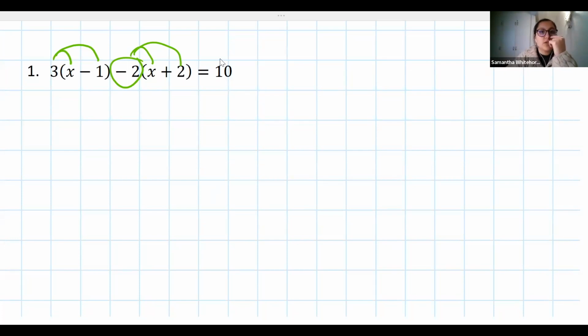Remember, you are distributing, and then you're getting all your x's on one side, your constants on another side, and you're solving. Guys, I've just said it's fine if it looks different. It's okay, right? As long as you're getting the same answer, and as long as the maths is correct, it is fine. Okay, please don't stress. I've told you multiple times, it is okay if it looks different. Answers should be the same.